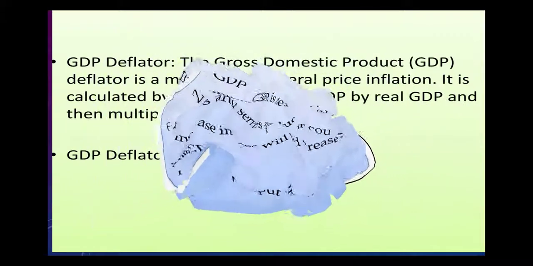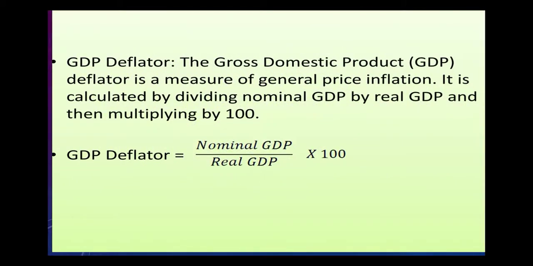The current year and the base year prices measure the inflation rate. This formula is used as the GDP deflator. The GDP deflator, the gross domestic product deflator, is a measure of general price inflation. How to measure inflation? Inflation is the increase in prices day by day. So we measure inflation with this GDP deflator.